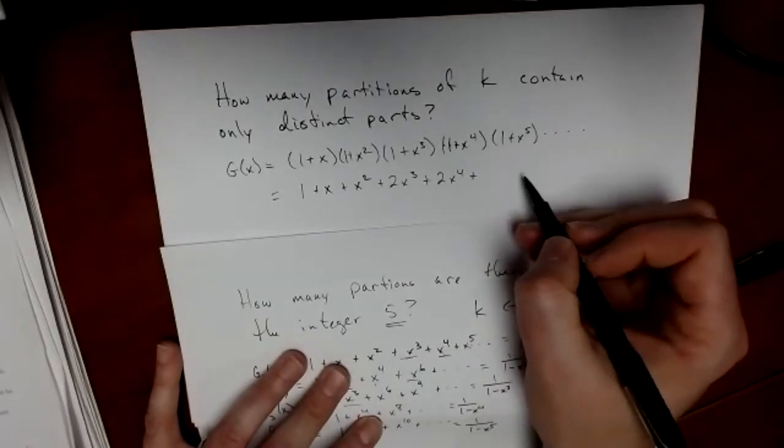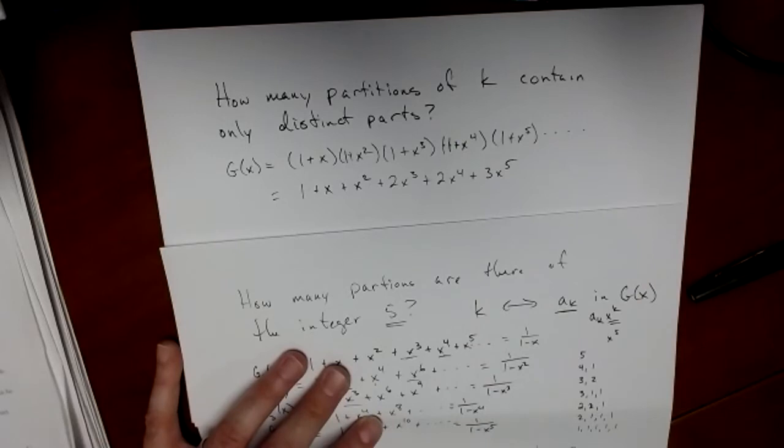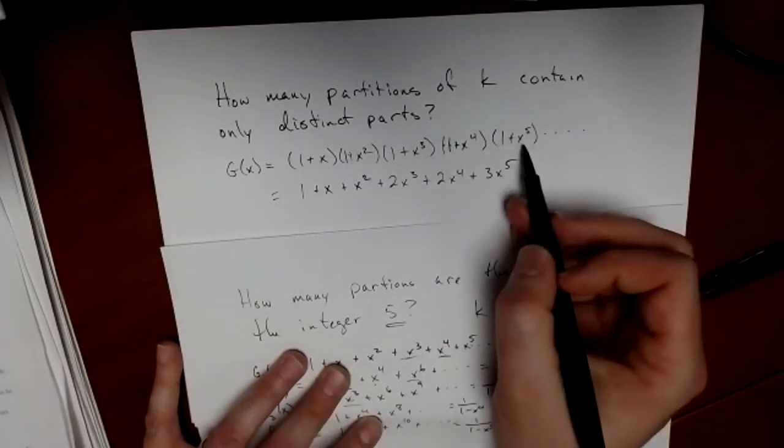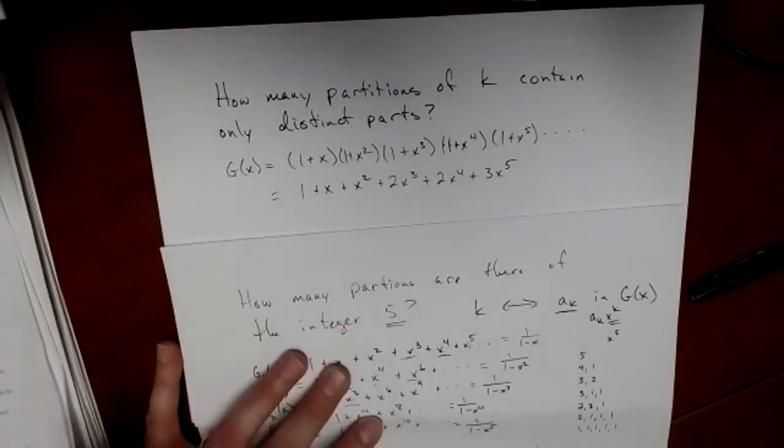How many ways to get X to the 5th? Well, I've claimed there's 3 of them. We'll get just X to the 5th times all 1s, X to the 4th times X, and X cubed times X squared.